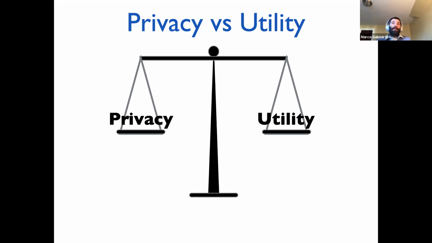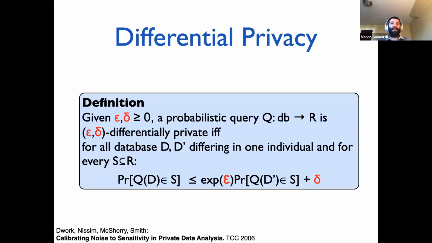This was the idea that some researchers studied and came up with this notion of differential privacy, which I show you here, but will not really use in the rest of my talk, since it's just a motivation, not something we will use technically.